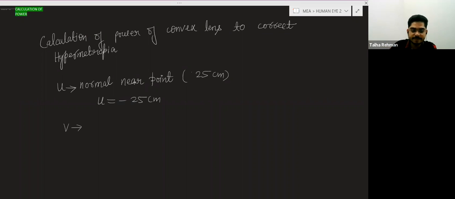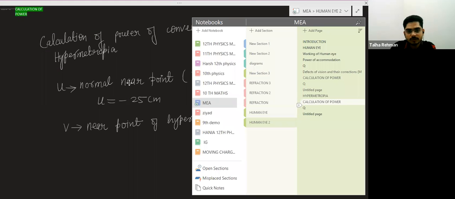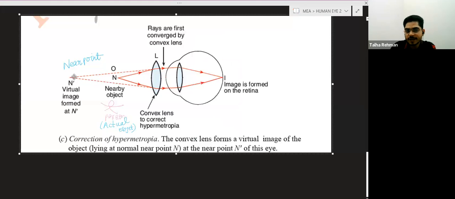So image distance you will take the near point of hypermetropic eye. This is the near point of the hypermetropic eye, and finally the image is formed here. So that is why we are taking the image distance this.